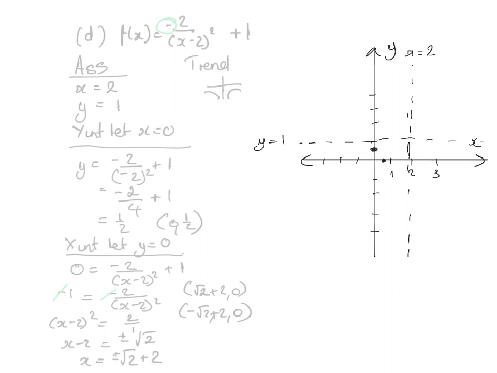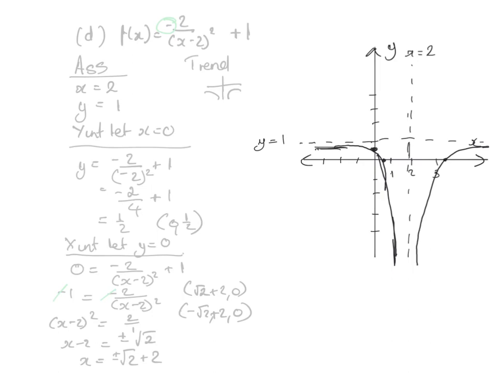And then 2 plus root 2, again we're going to be over there somewhere, and so let's just draw in our graph. Again, I'm trying to make it look like I'm not going to touch my asymptotes. Again, you're using a pencil for this, so it'll look much better than mine. Okay, and your graph should look something like that.